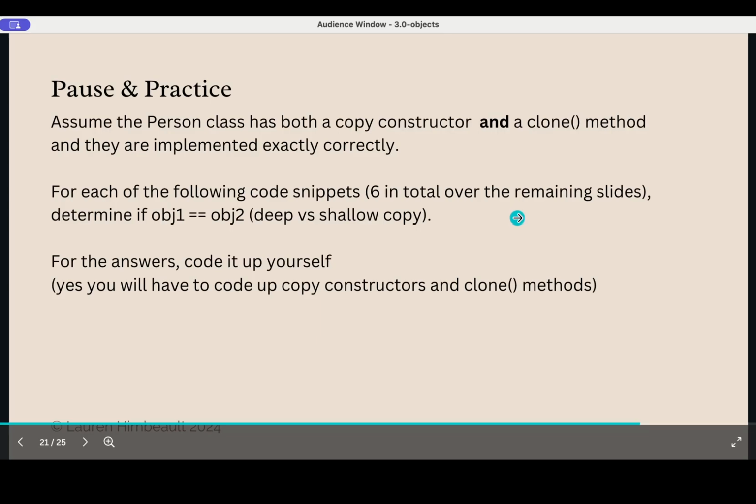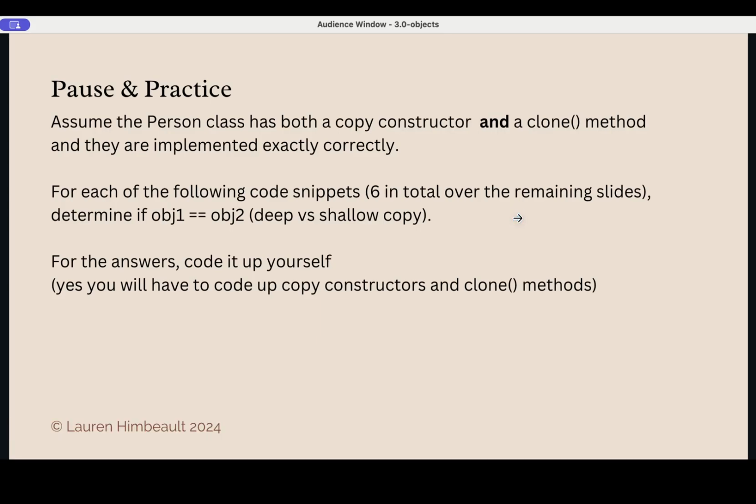Okay, so there is an opportunity here to do a pause and practice. I have some more information that's coming after, but go ahead and take a pause here. Assuming that a person class has both a clone method, and also has a copy constructor, which I'm actually going to just draw out for you in just a minute.